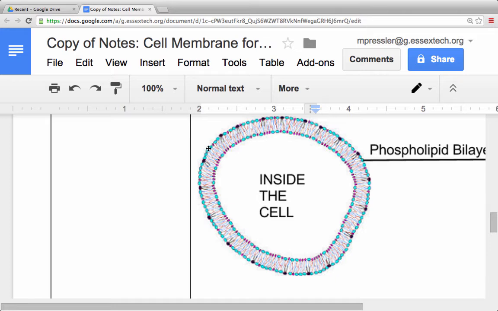There are also heads on the outside of other little guys, and then the tails all make up this lipid layer on the inside. The heads face the water on the inside and on the outside, and the lipids are on the inside where they don't touch the water. They keep the water inside the cell, and they keep the water from rushing into the cell. It creates a barrier.